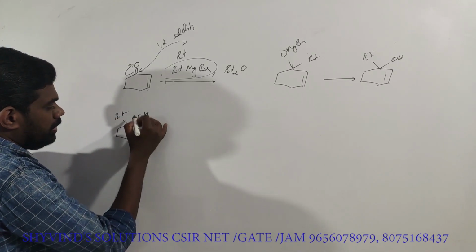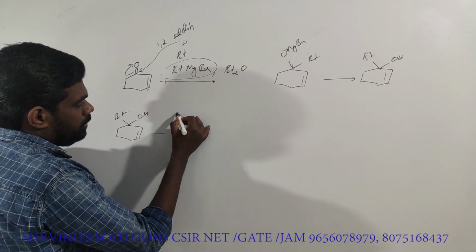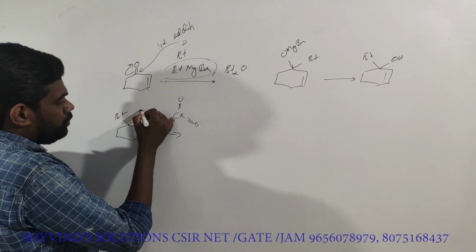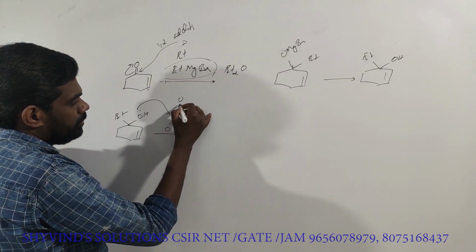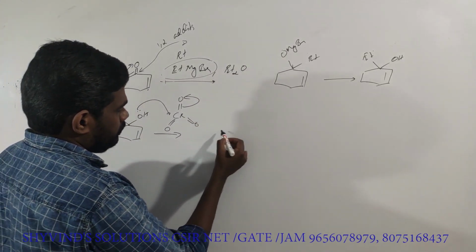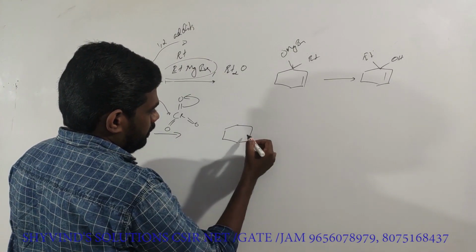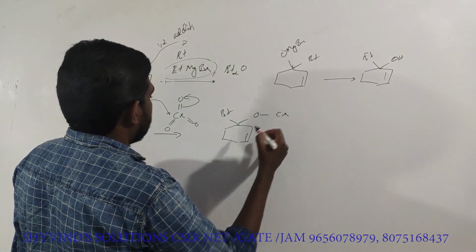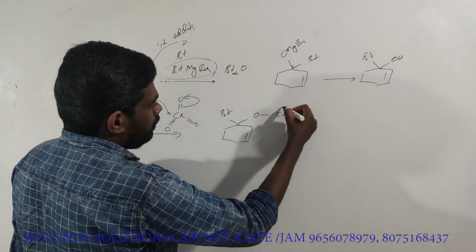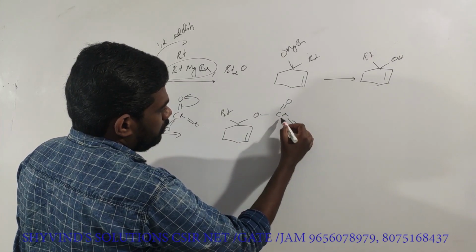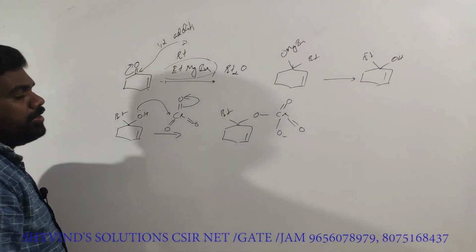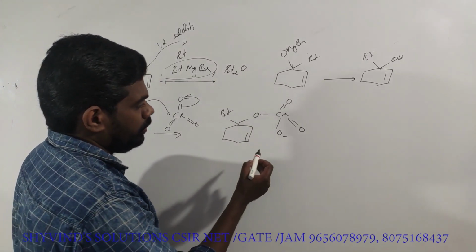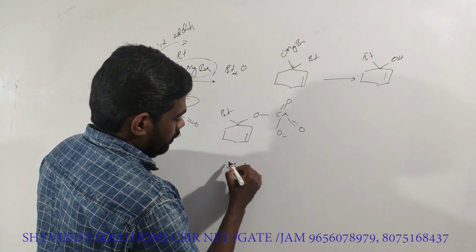OH, Et plus CrO3. The structure of CrO3 will be like this. So it will attack here and it will move like this. So we will get the product like this: Et, O, Cr, double bond O, double bond O, O minus. Ready? This is the product you will get, and it will undergo a 3,3 sigmatropic reaction.